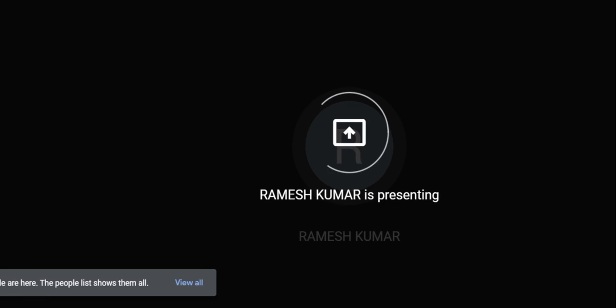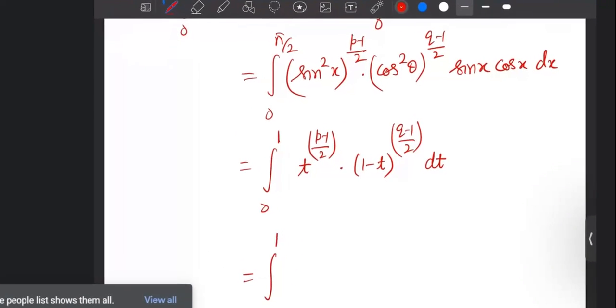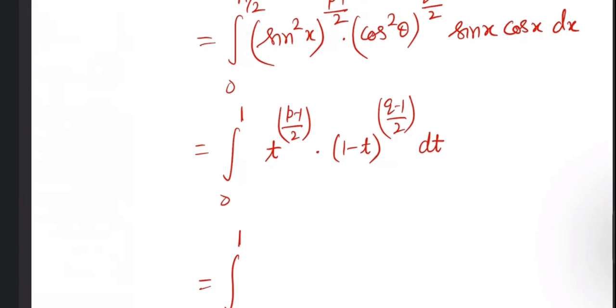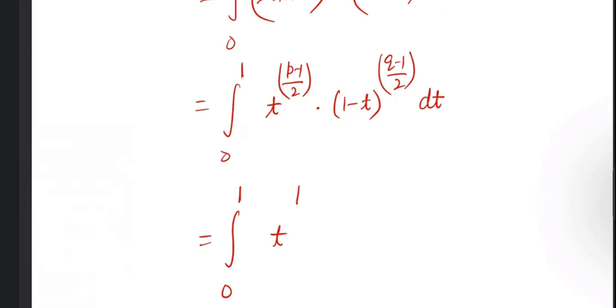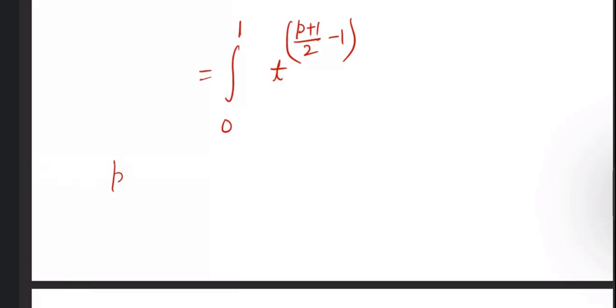So limits also change, 0 to 1. This can be written as t raised to the power (p plus 1) divided by 2 minus 1. You can write (p minus 1) divided by 2 like this: (p plus 1) divided by 2 minus 1.